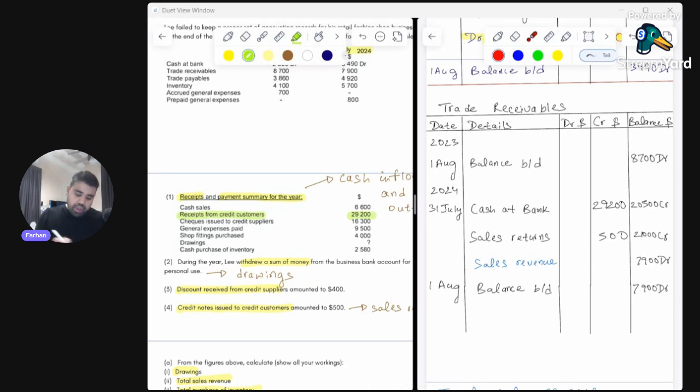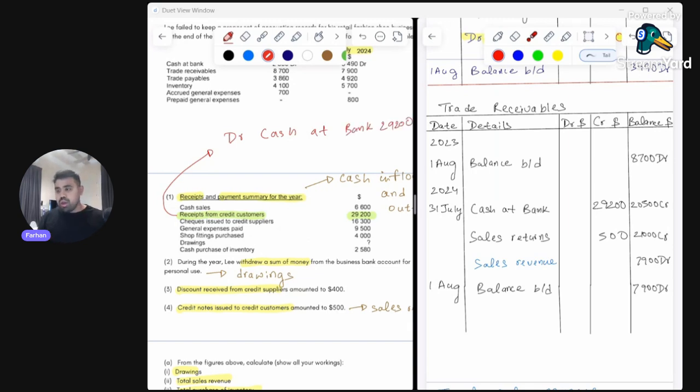Now, whenever we have a receipt from credit customers, what does this actually mean? If I want to journalize it, it means that I'm getting some money from my credit customers. So if I'm getting some money, obviously the balance available in the cash at bank account goes up. So therefore, I would be debiting the cash at bank account by $29,200.